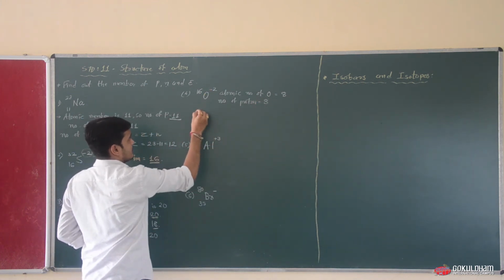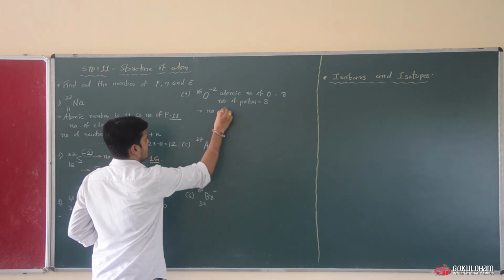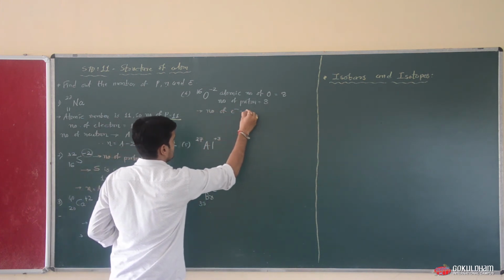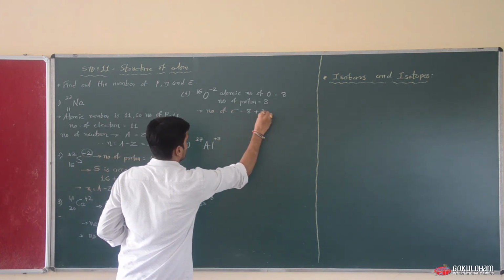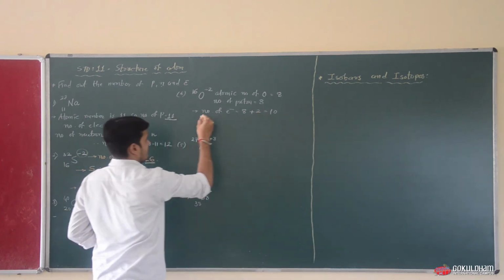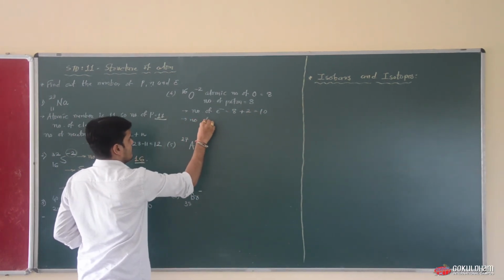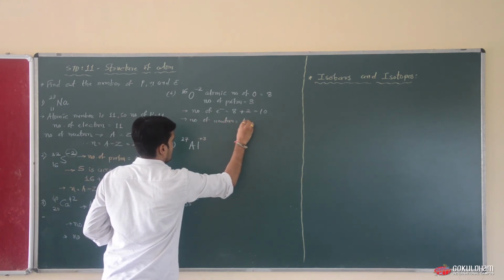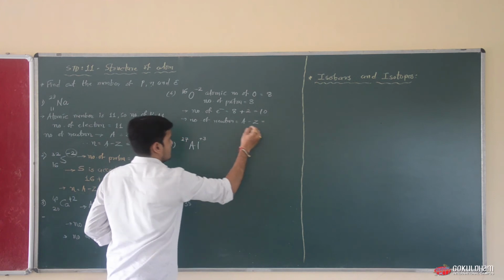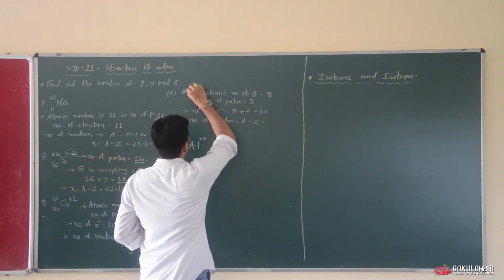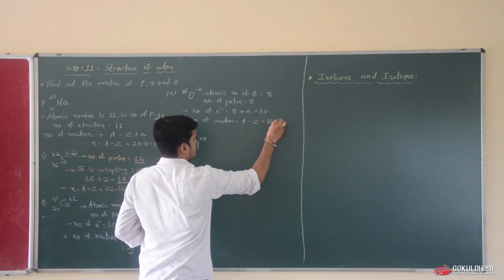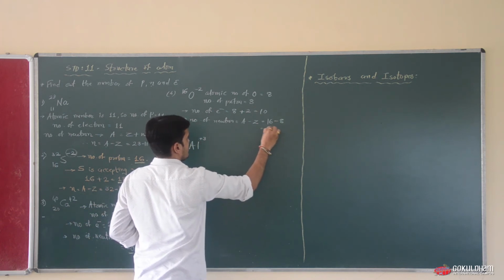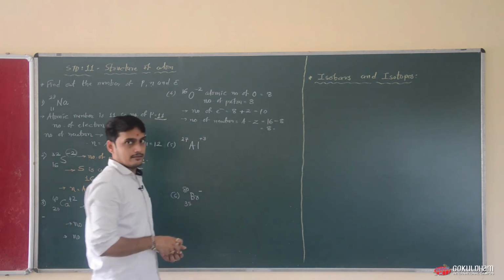Oxygen containing -2 charge, so number of electron is equal to 8 plus 2 is equal to 10, and number of neutron, A minus Z is equal to, A is 16 and Z is 8, so the total number of neutron is 8.